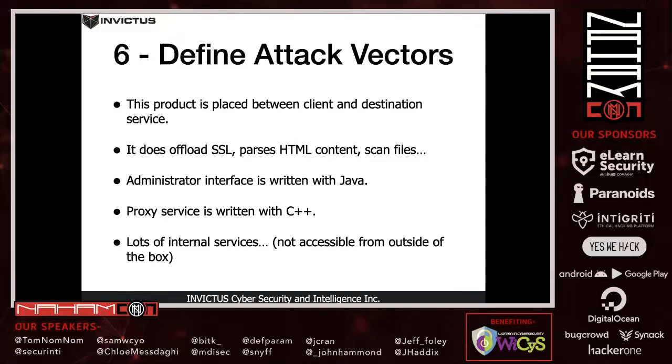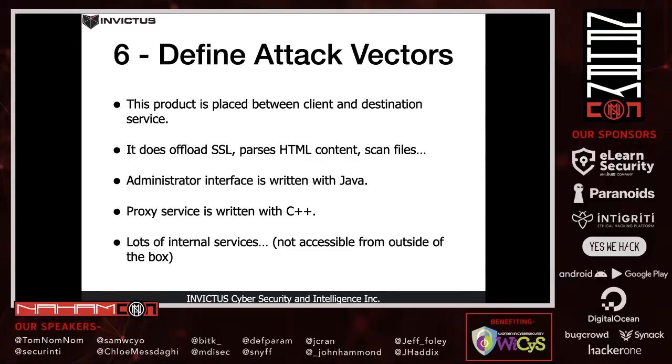That product is also capable of offloading the SSL, parsing all the HTML content, and scanning the files, because this is a web security solution. It's trying to understand what's happening on the client's network, so it has to see all the files, parse the HTML content, offload the SSL, et cetera. So that is another attack vector we can aim at.